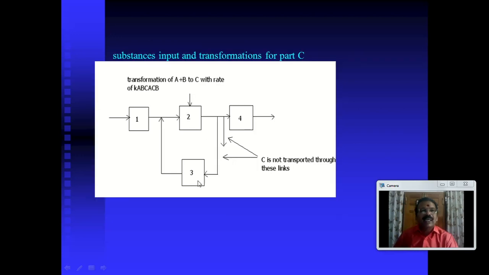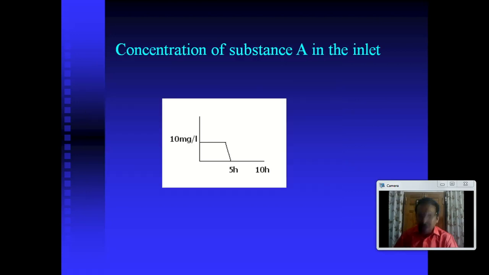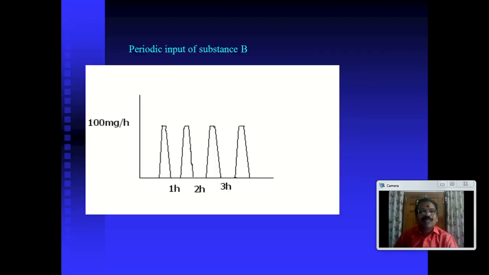Substrate B cannot be directly added into tank number 2, but it enters reactor number 2 with a periodic loading. What is the periodic loading? It enters with a flow rate of 100 milligram per hour.